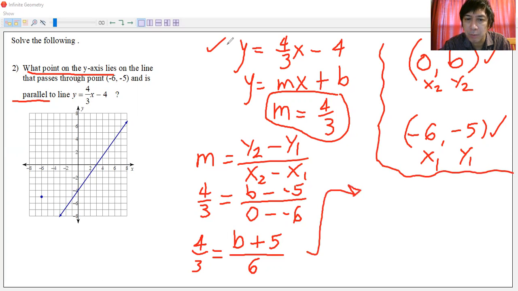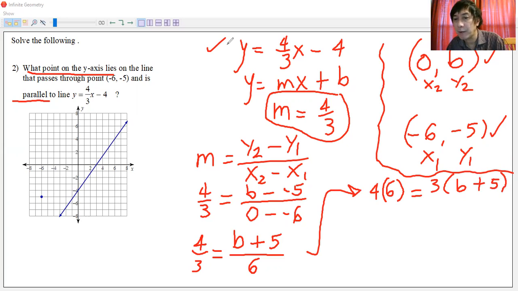That should become 4 times 6, that's equal to 3 times the quantity b plus 5. There. And so we can simplify this by dividing both sides by 3.